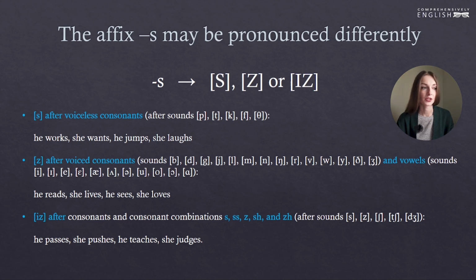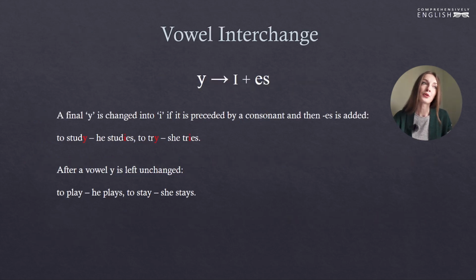He passes, she pushes, he teaches, he judges. Actually, when your word ends in something that sounds like hissing, to have a more beautiful sounding, we say is instead of s, right?